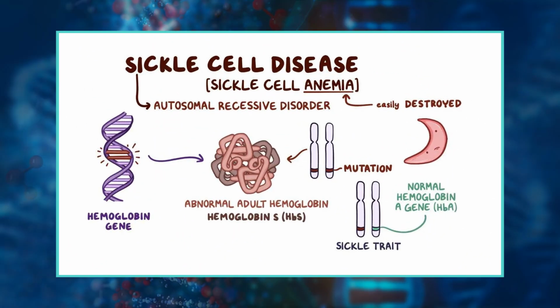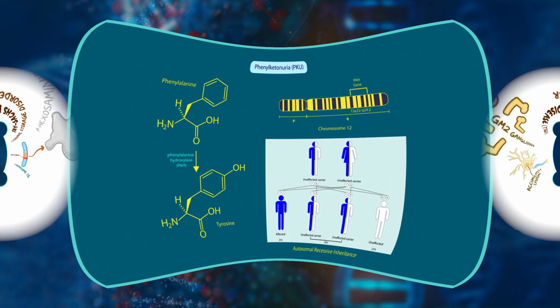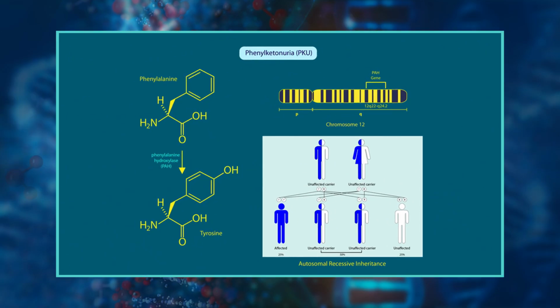Other examples of autosomal recessive genetic illnesses or disorders include the blood disorder sickle cell anemia, the fatal neurological disorder Tay-Sachs disease, and the metabolic disorder phenylketonuria.